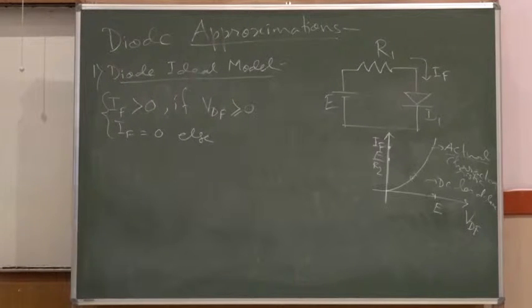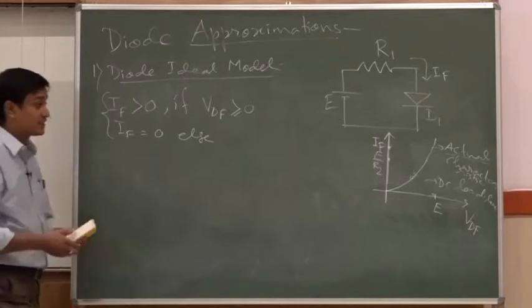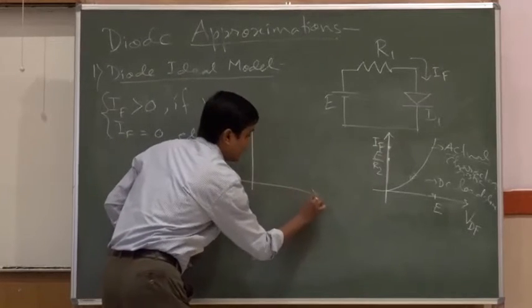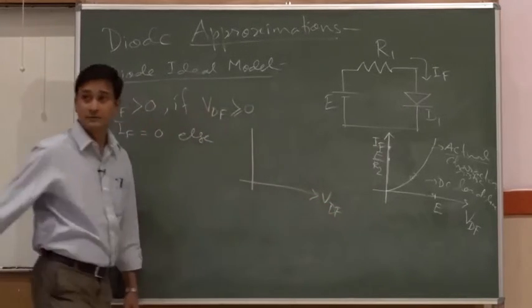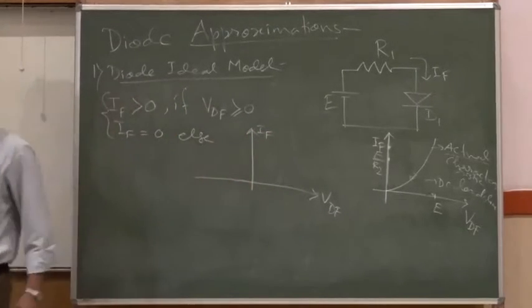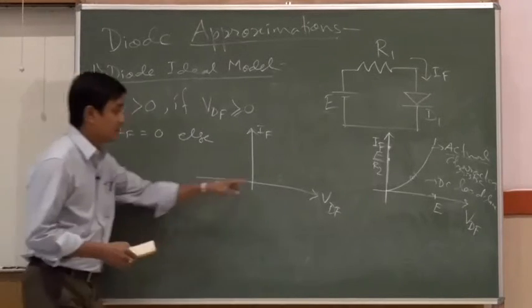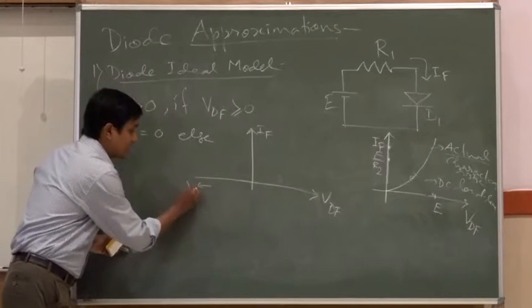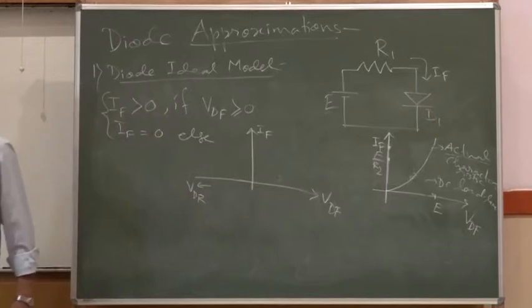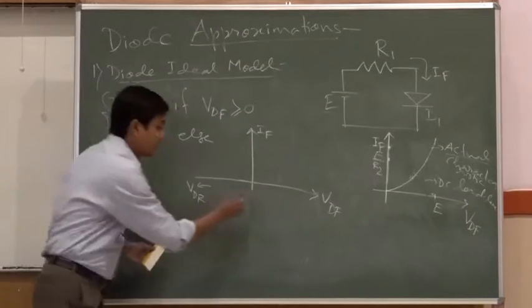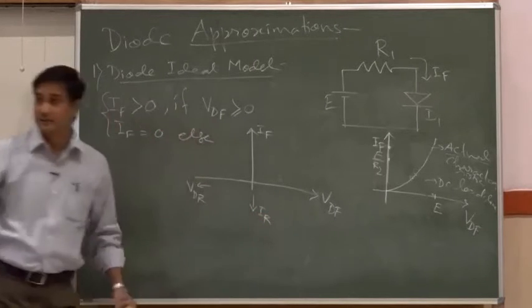Now, if I represent it graphically, what is the graphical representation like? In that case, I will again plot VDF and IF here. I have named this VDF as the forward voltage. Similarly, on the reverse side, I am considering the diode voltage in the reverse direction, and current flowing in the positive direction is IF, and current flowing in the reverse direction is IR.